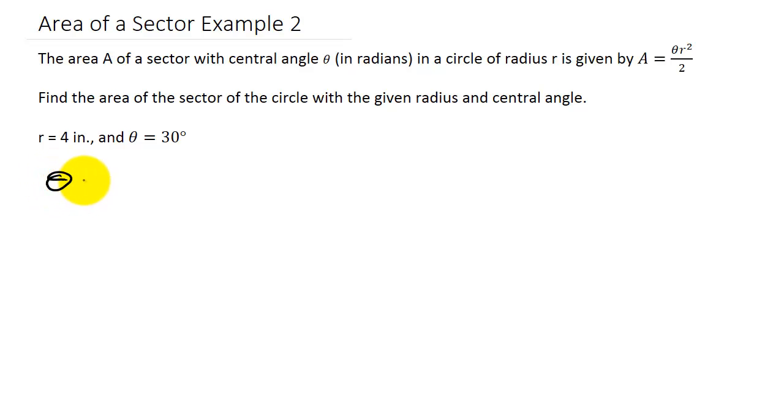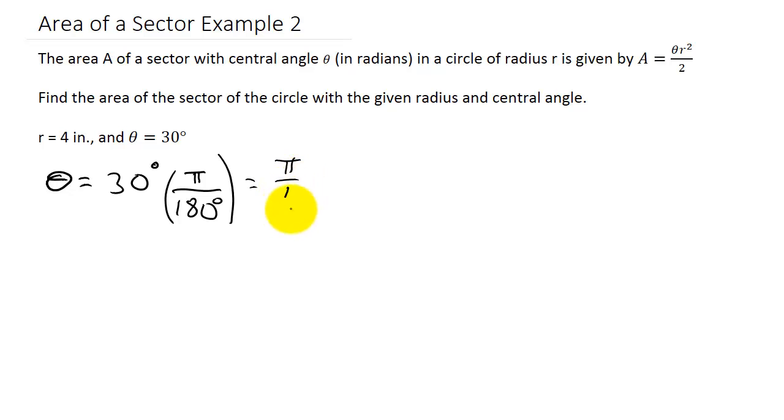So theta is equal to 30 degrees. And remember how to convert to radians? You multiply the degree measure by pi over 180. And so this is going to give us pi over 6. Alright, so our area is theta times r squared over 2.